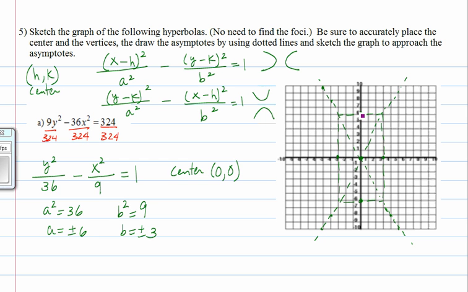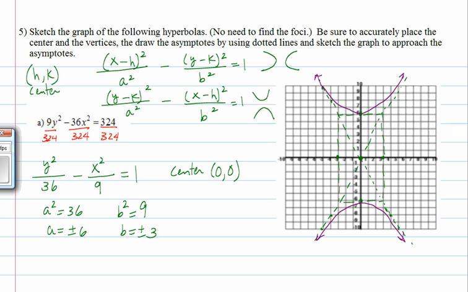You start from the vertex and you make it go along the asymptotes so that it's approaching the asymptote. So you're using the asymptotes, which are these dotted lines, as a guide so you could graph it near there. Okay, and that looks good.